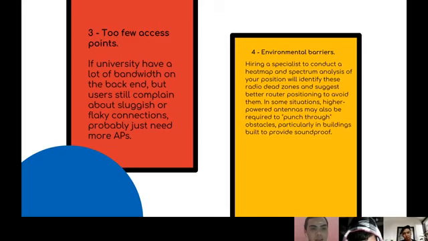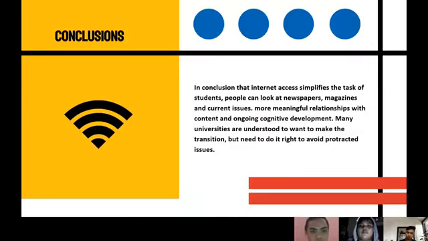Hiring a specialist to conduct a heat map and spectrum analysis of your position will identify these radio dead zones and suggest better router positioning to avoid them. In some situations, higher power antennas may also be required to punch through obstacles, particularly in buildings built to provide soundproofing. Okay, next.